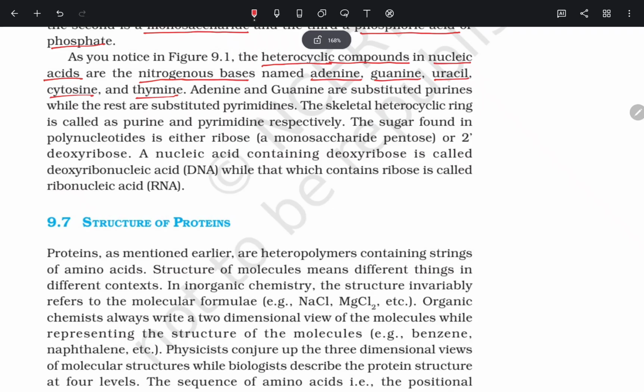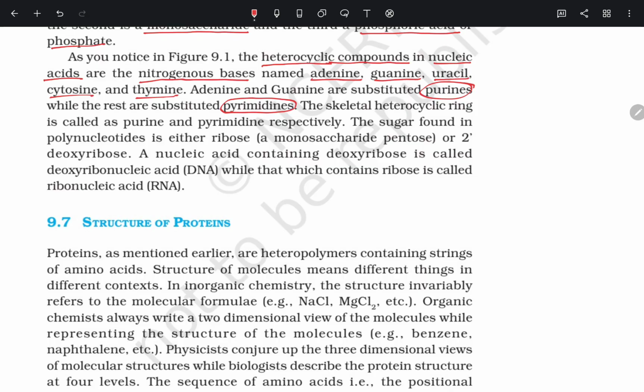Adenine and guanine are substituted purines, while the rest are substituted pyrimidines.